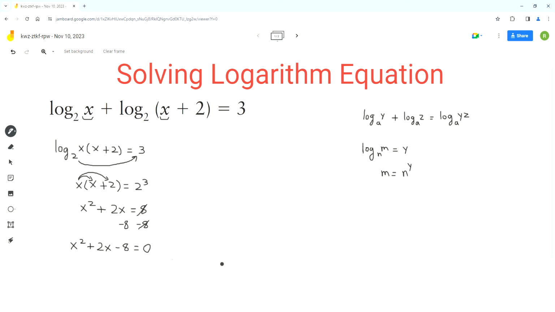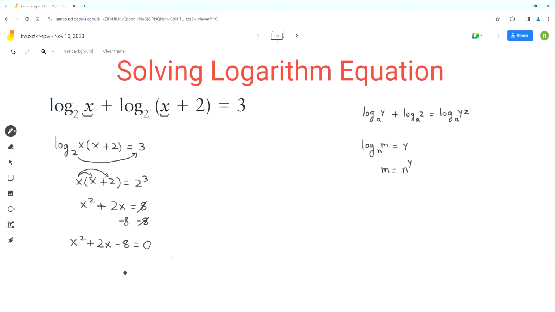Now this equation is a simple trinomial because the coefficient of the x squared term is 1. So we can use the sum and product rule to solve this equation. We have to find two numbers whose sum is equal to 2 and the product is equal to negative 8.